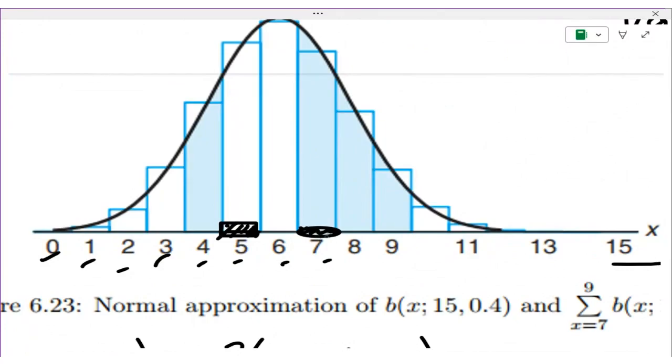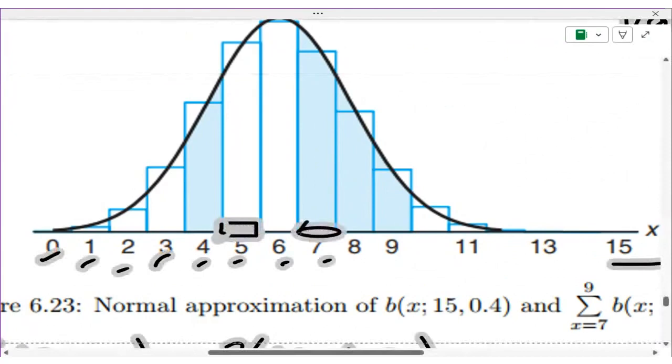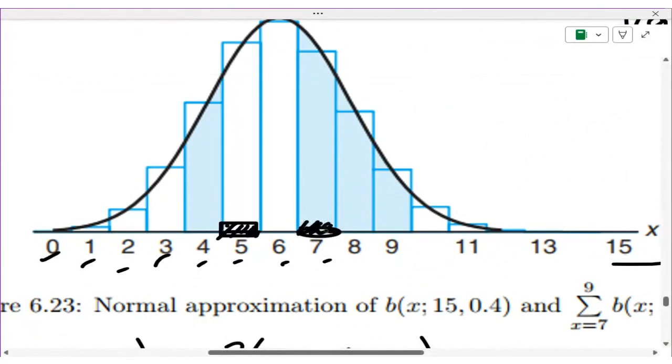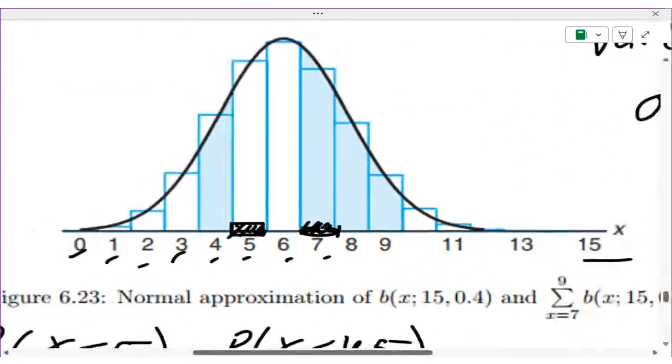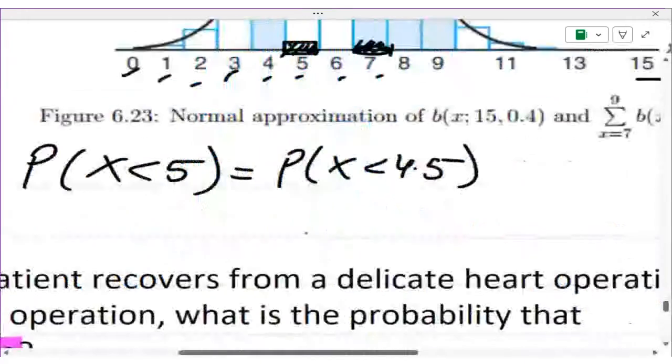So 7 does not mean 7 in the normal distribution. This is called continuity correction, and here the continuity correction is 0.5.